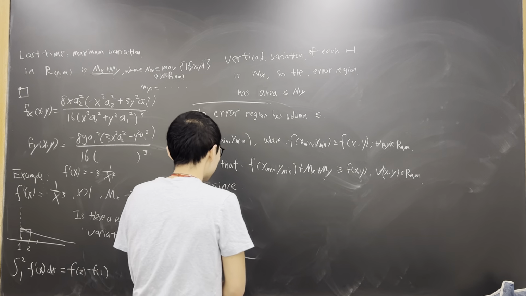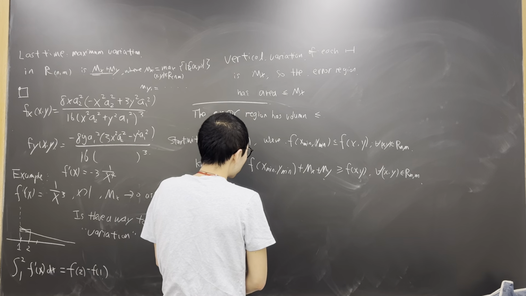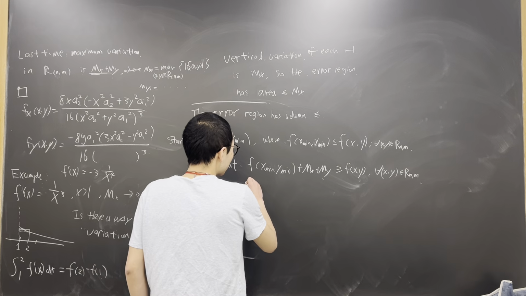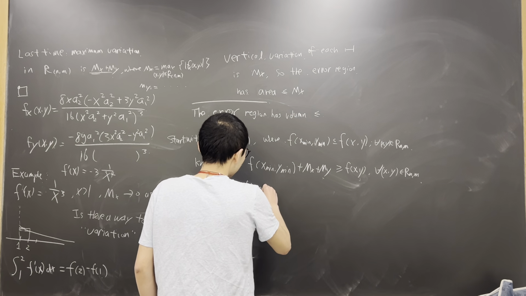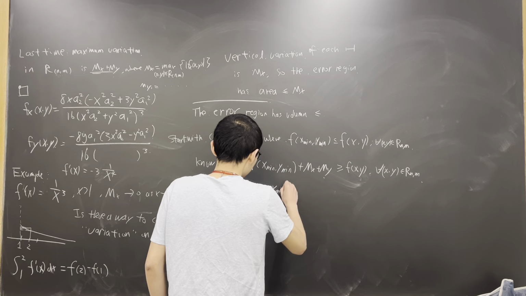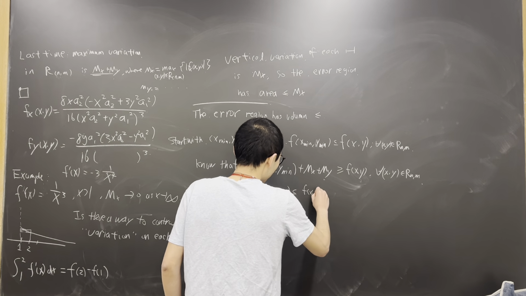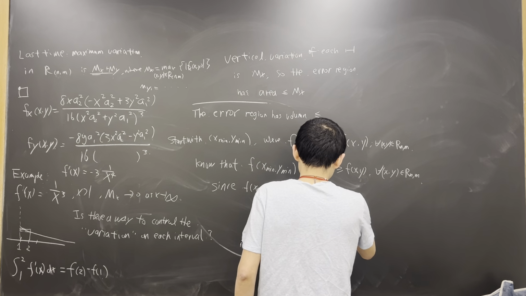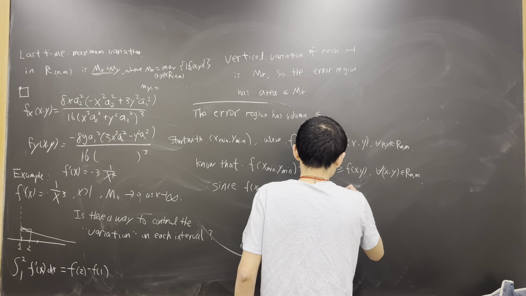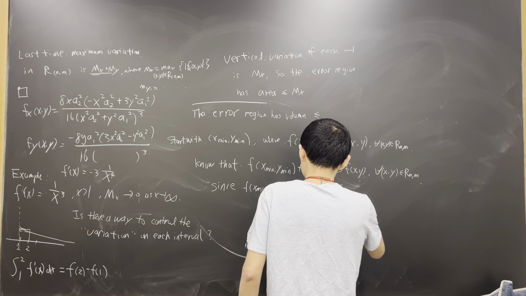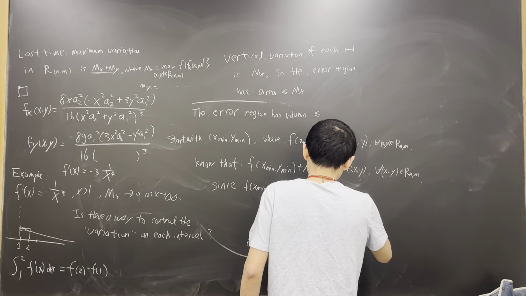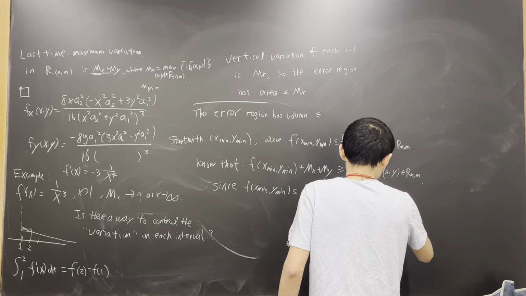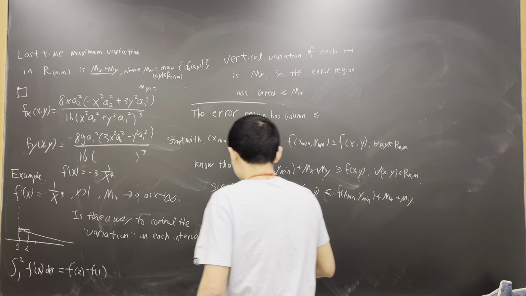So since we have that f of x min, y min is less than or equal to f of x y, which is less than or equal to f of x min, y min plus mx plus my.